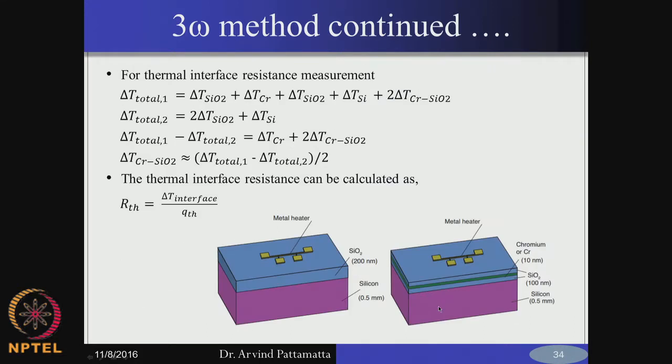Now, we can also use this to calculate another interesting thing, which is the thermal interface resistance. If you have a sandwich of metal and a semiconductor, there is a temperature drop at the interface of these two different materials. So, we can use the same method, extend it to also calculate the thermal resistance of multiple materials.